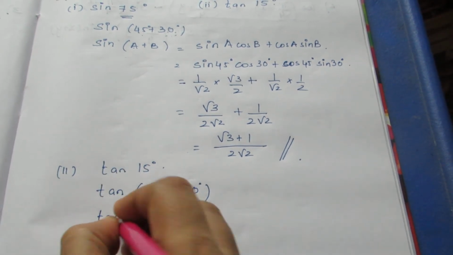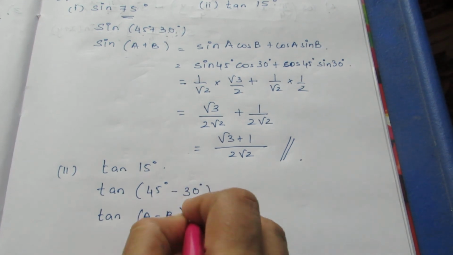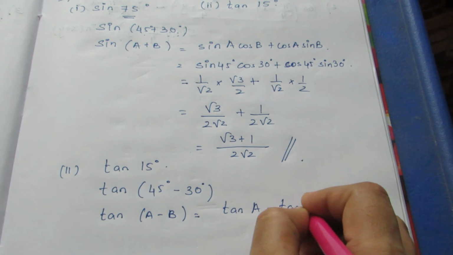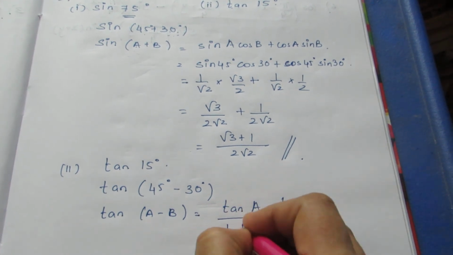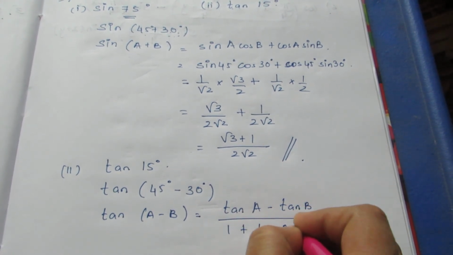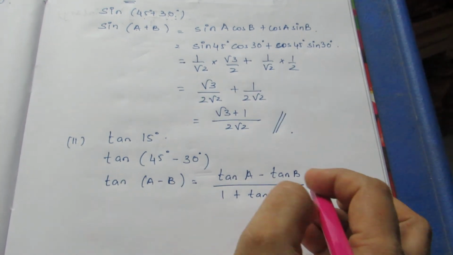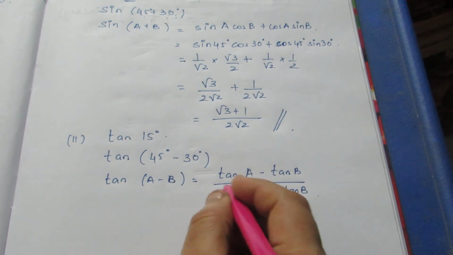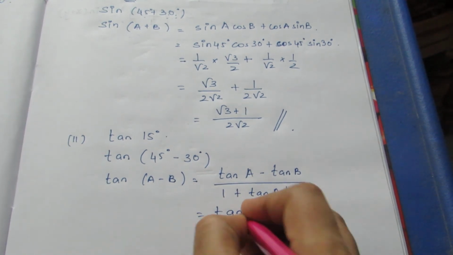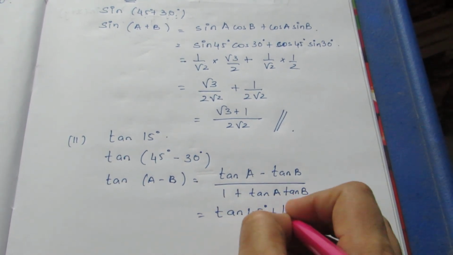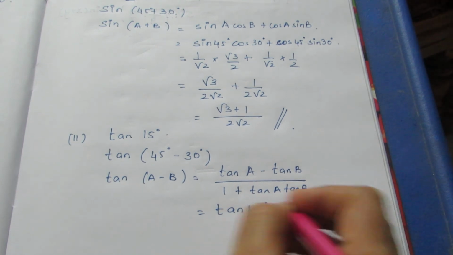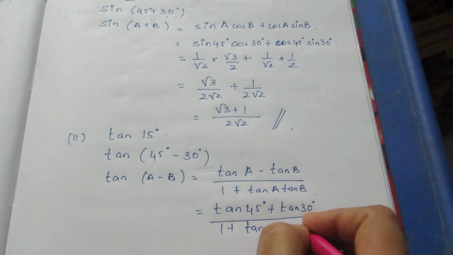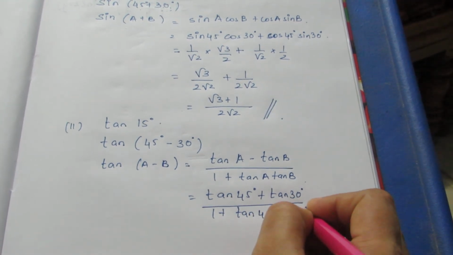We can write tan of A minus B. The formula for A minus B is tan A minus tan B by 1 plus tan A tan B. Just substitute the values. Instead of A, substitute 45, and instead of B, substitute 30 degrees. Here it is tan 45 minus tan 30 by 1 plus tan 45 into tan 30.